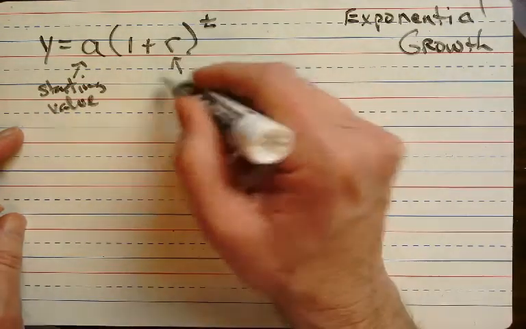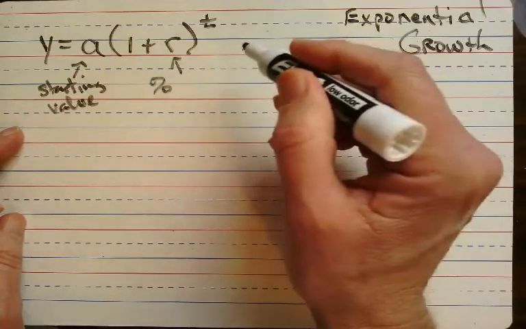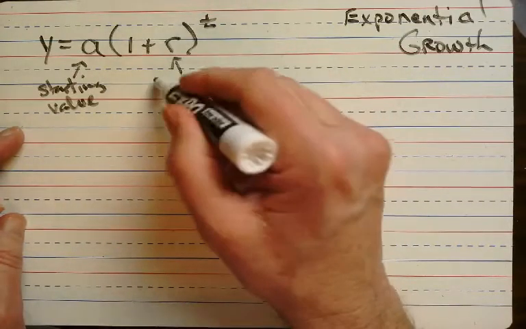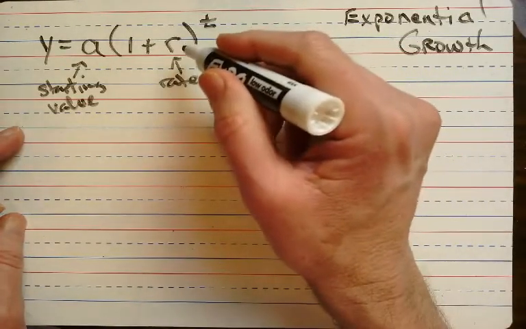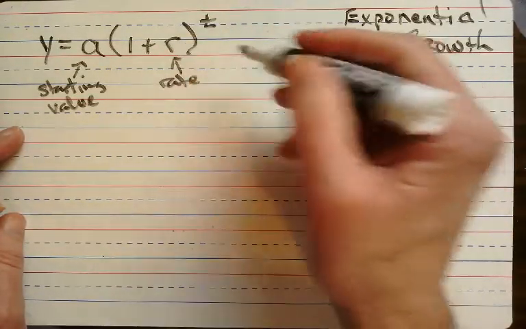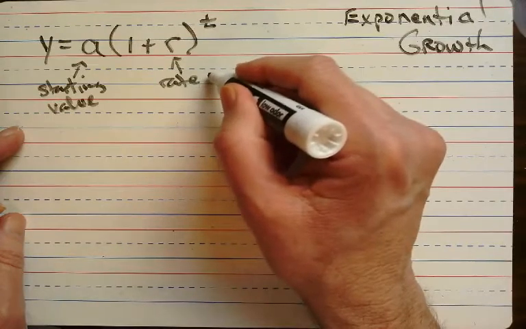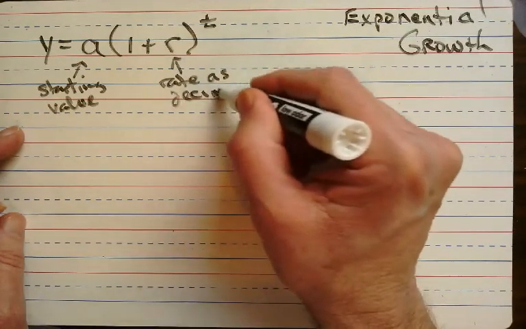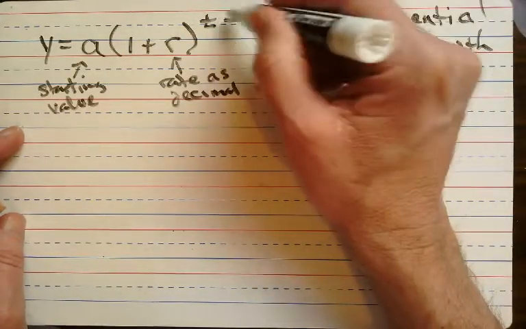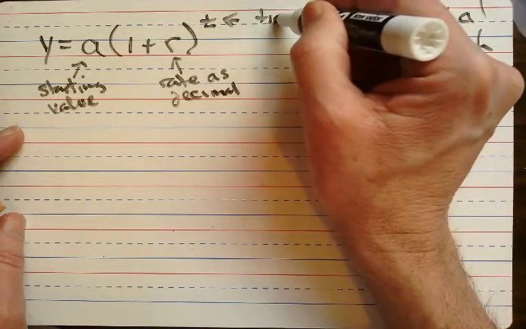And R is the percent. Actually, it's the rate, not a percent. If they give you a percent, you have to change it to a decimal. So rate as a decimal. And then T, of course, stands for time.